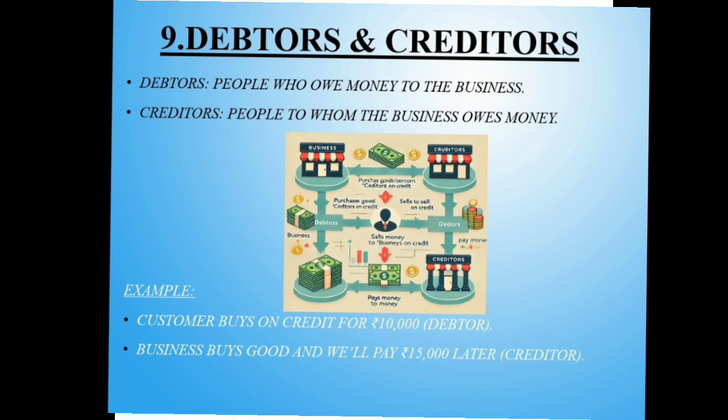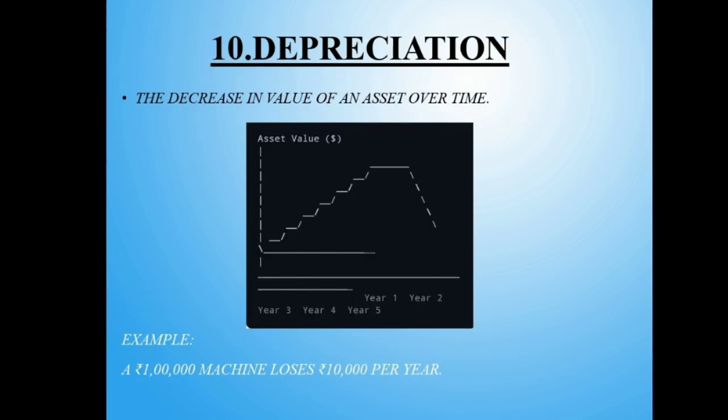Now let's see the next one, depreciation. Depreciation is the decrease in the value of an asset over time due to wear and tear, usage or obsolescence. Let's take an example. Imagine you bought a machine for 1 lakh rupees. Every year the machine loses 10,000 rupees in value.